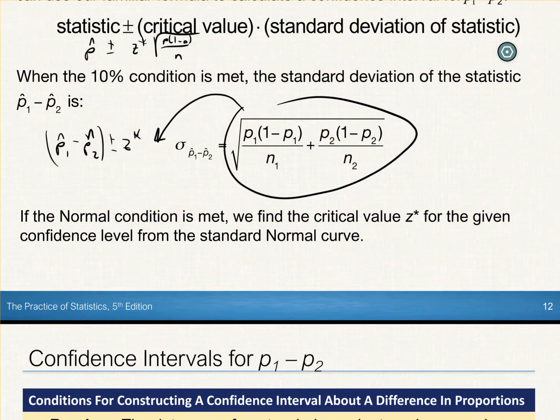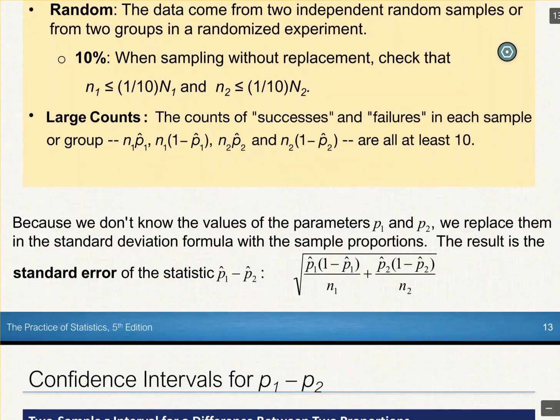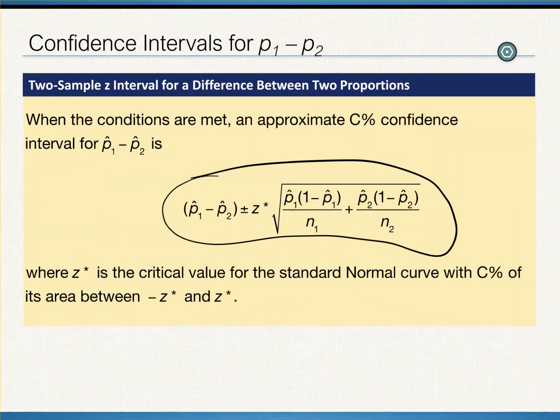But typically we won't know what p1 is and what p2 is because those are the actual population percentages that we're trying to figure out a lot of times. So instead, we'll have to use our sample proportions. So notice they all have hats on them in our actual formula.